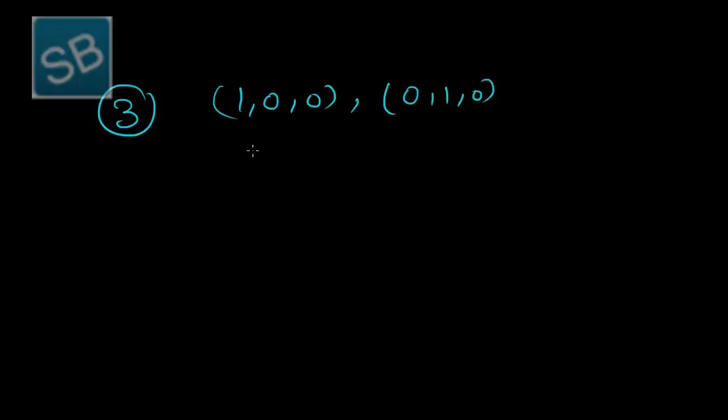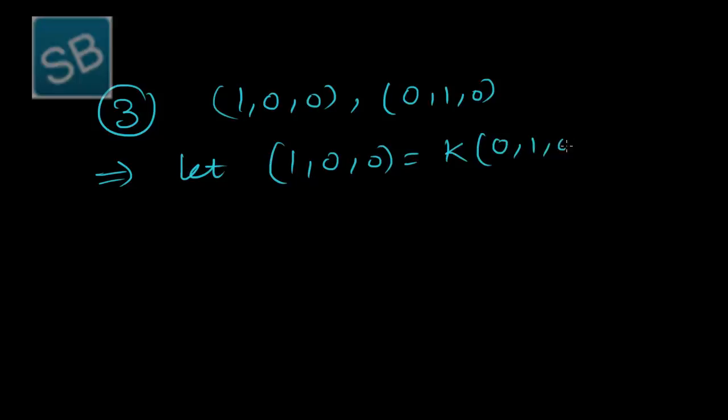Now the third one is 1, 0, 0 and 0, 1, 0. Here we can't represent one vector as k times the other. Suppose this vector is k times that vector, for k not equal to 0.